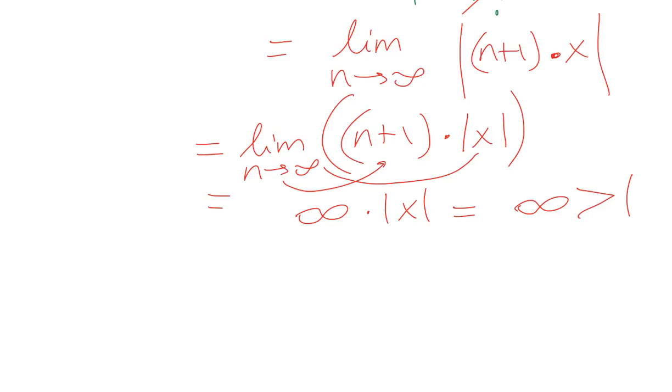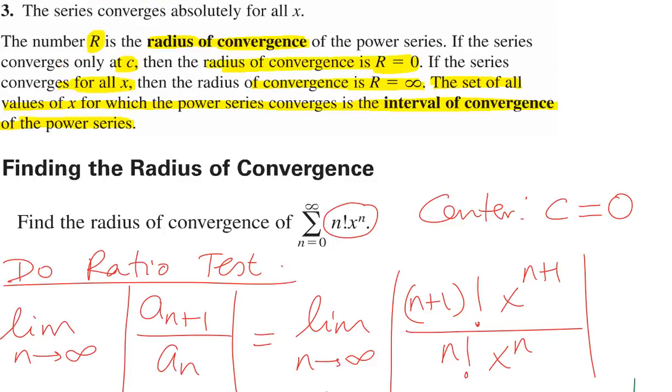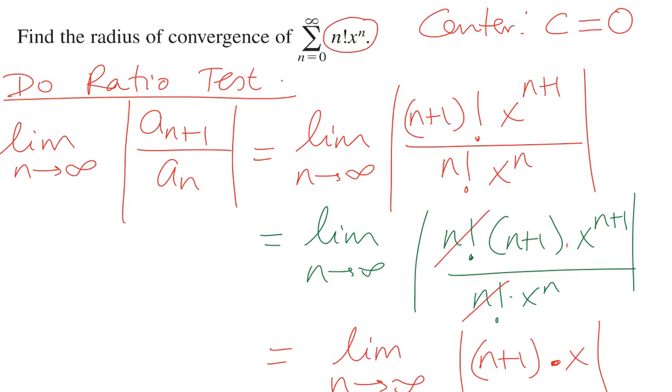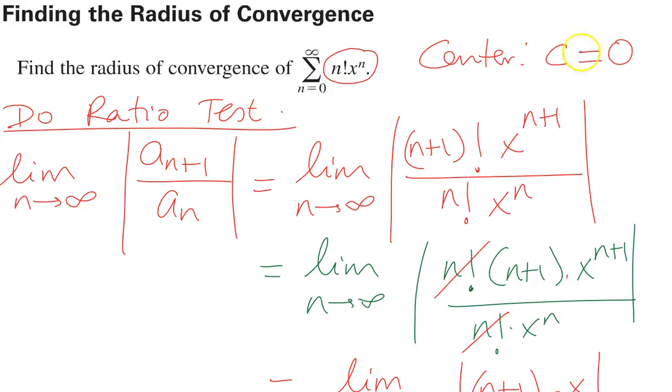Okay, now let me go back up and say here. We know that the power series converges at its center, c equals 0. So we are doing the ratio test for x not equal to 0. Because when x is equal to 0, guys, we know that it's convergent.